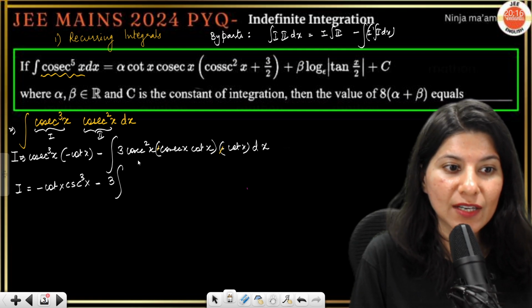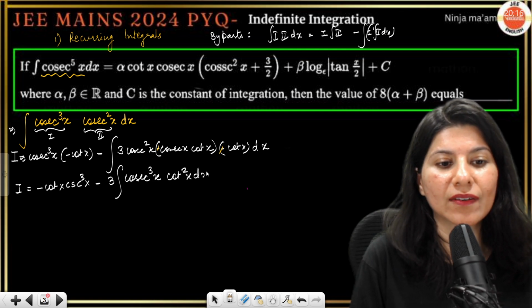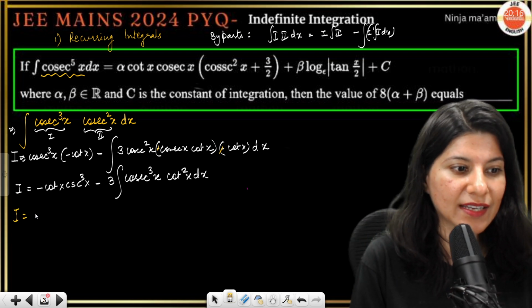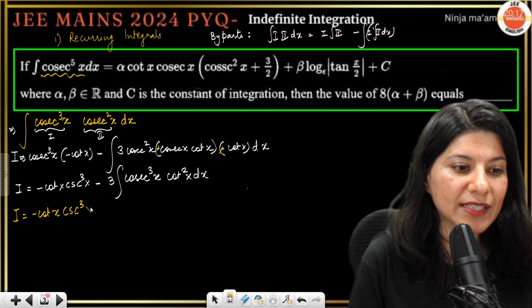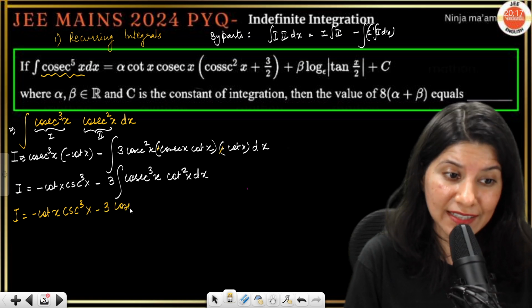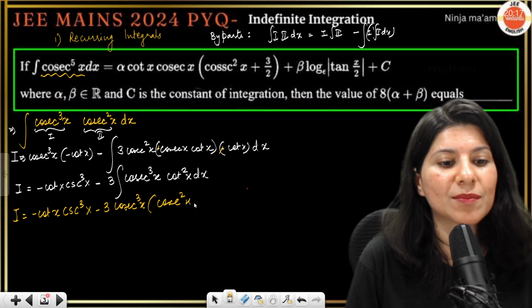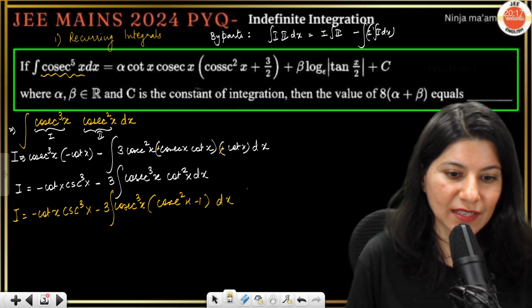Now this time cosec cube x is there, and cot square x is there. Now let's expand cot square x. Okay, I can see the recurring integral is getting formed. Cot x cosec cube x minus 3 cosec cube x, cosec square x minus 1. This is what cot square x is. Dx integral is already there.